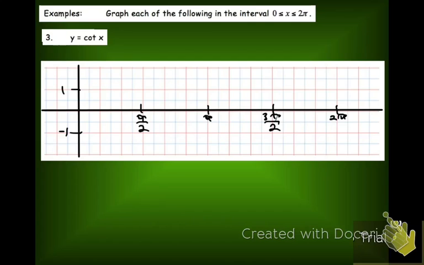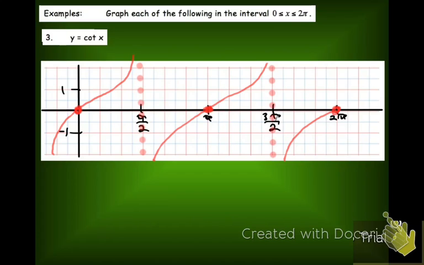So there were already asymptotes at pi over 2 and at 3 pi over 2. And our graph of our tangent function looks something like this. And it crossed through 0 here, here, and here.